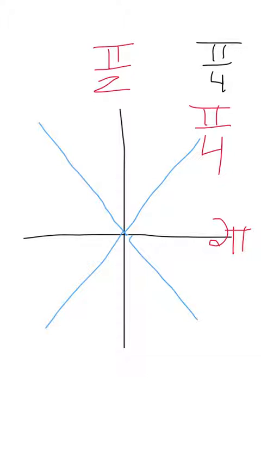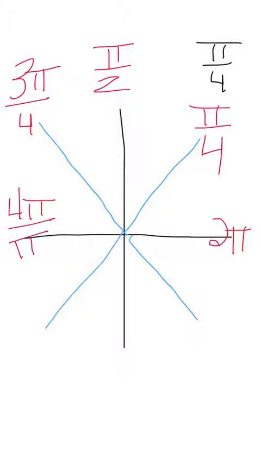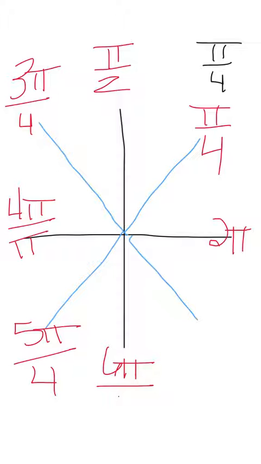Three pi over 4. Four pi over 4. 5 pi over 4. 6 pi over 4. And 7 pi over 4.